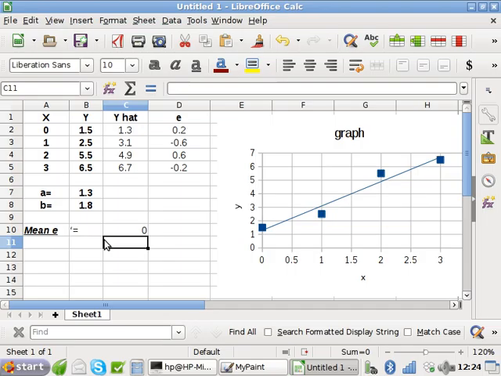If you add those 4 numbers together, what do you get? 0. Do you think this will always be the case, or not? What do you think? I think yes, always, because when you make your line, you always want some points under it and some points above it. And in fact, that line that you have here, it's always going to make the mean of the residual 0.